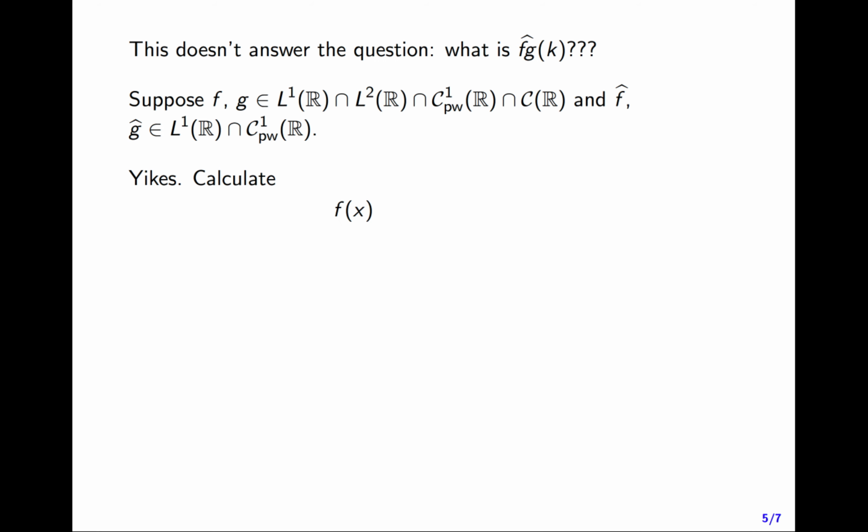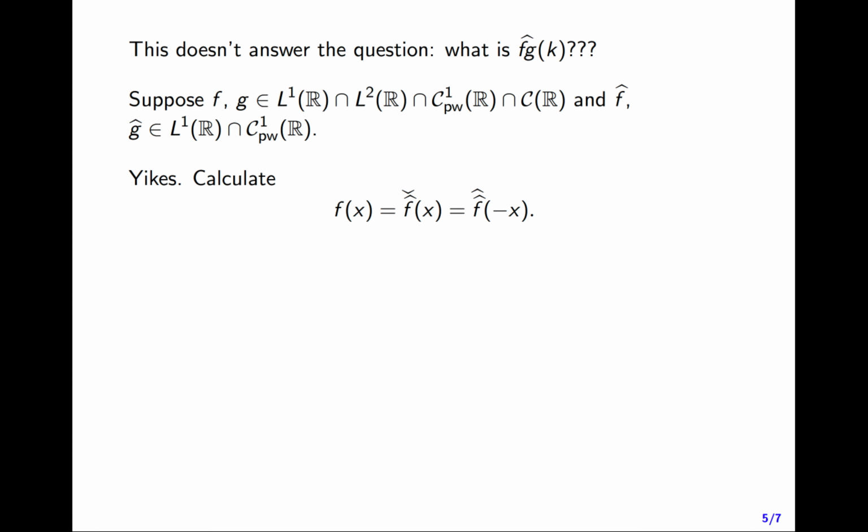What does this get us? First, we can calculate f of x equals f hat check of x. In other words, because f is in C1 piecewise, and f is continuous, and f is in L1, then f is equal to the inverse Fourier transform of its Fourier transform by our inverse Fourier theory.